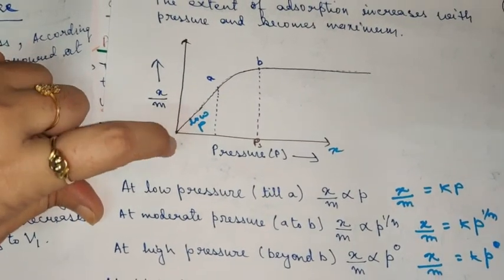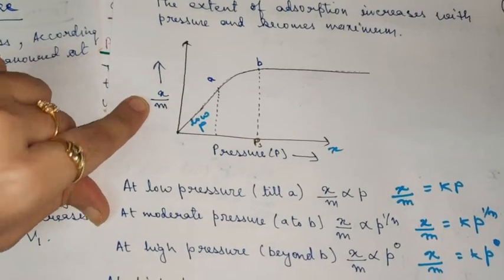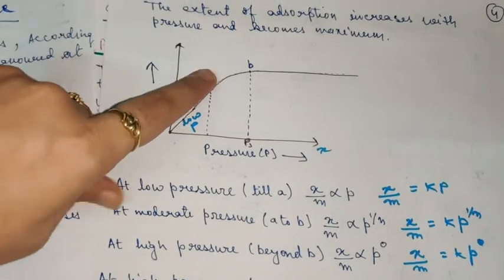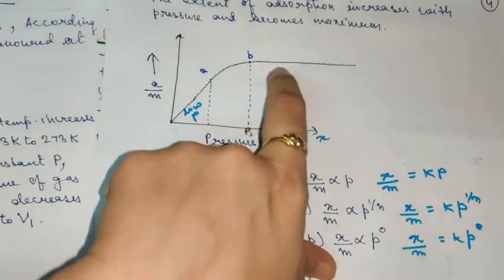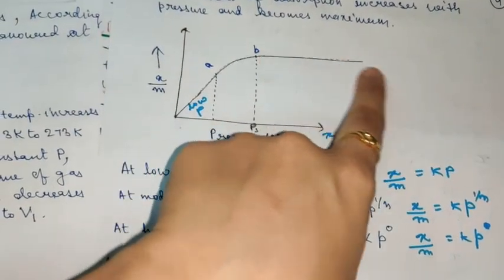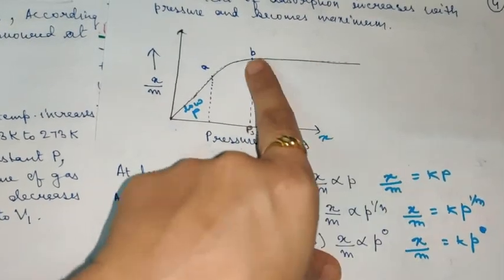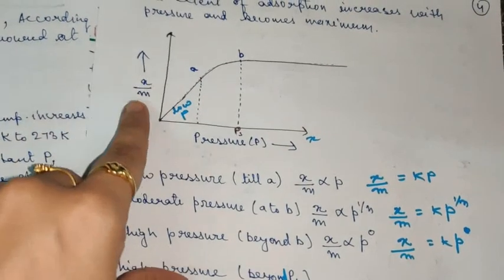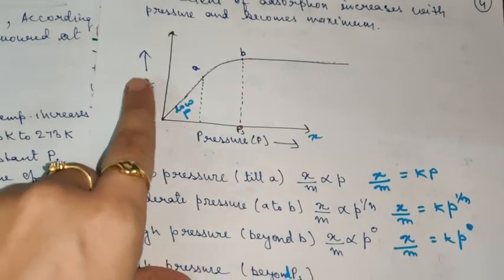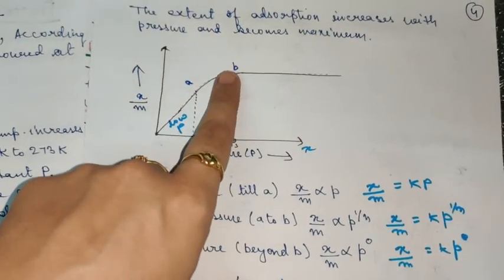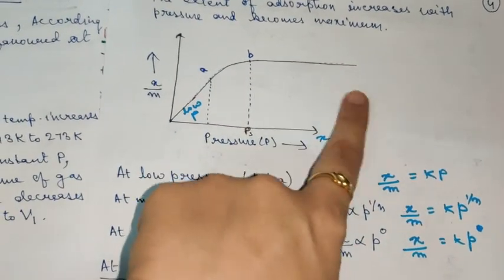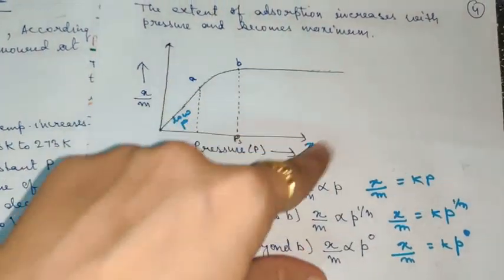With the increase in pressure, the extent of adsorption is increasing, and this is in the form of the power 1 by n. Then this relation indicates that with further increase in pressure, there is no effect on the extent of adsorption. That is, it has reached its maximum value, and further increasing the pressure will not increase the extent of adsorption. So this graph is very important.